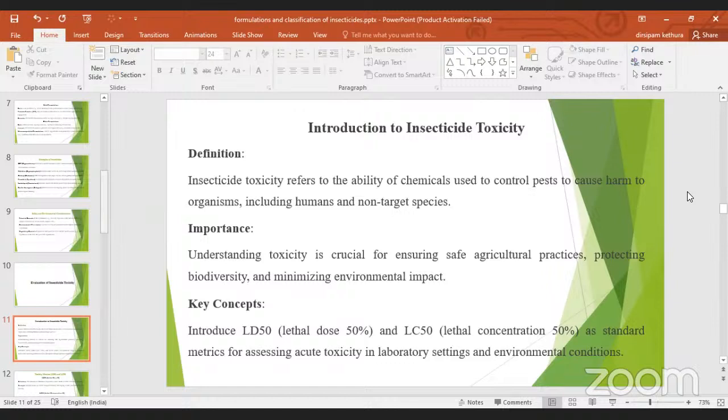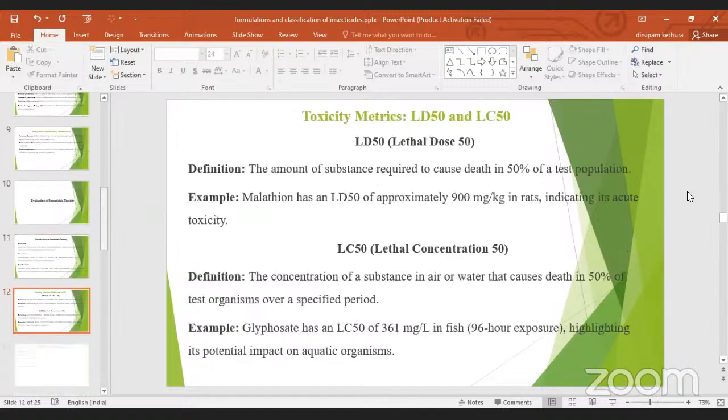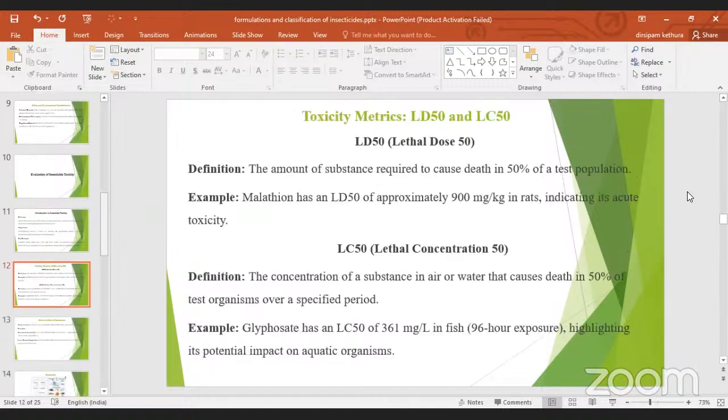And the three concepts which we are going to study in this evaluation of insecticide toxicity: we are going to talk about the lethal dose and lethal concentration, how much we have to use, and all these things. And here is the toxicity metrics. You know about LD50 and LC50. LD stands for lethal dose. I already told you we should know how much we have to use.